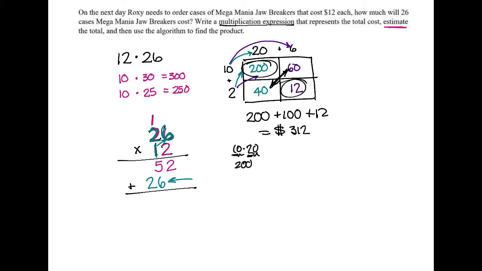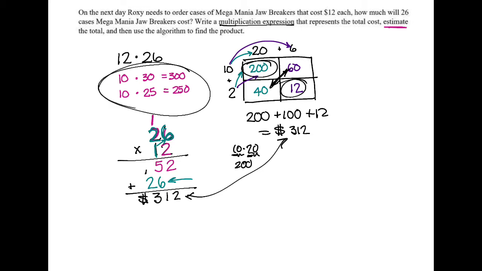Now we're adding these. So 2 plus nothing is 2. 5 plus 6 is 11. Carry 1. And 3. So we have $312, which is exactly what we got before. Okay, what about our estimate? This seems a little off, doesn't it?